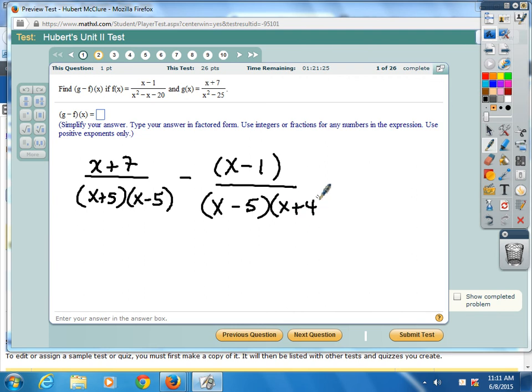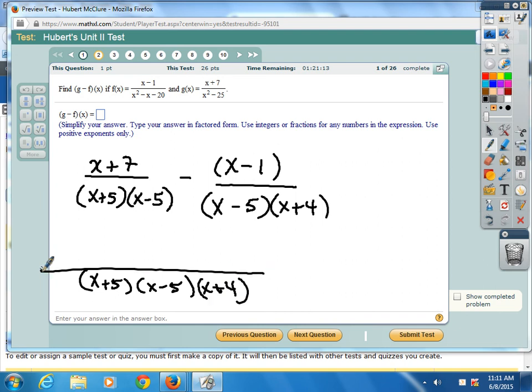So that means the common denominator is x plus 5, x minus 5, x plus 4, and I'm going to put it all over that. What's missing here? x plus 4, times x plus 7, and minus x minus 1. What's missing there? x plus 5. So it ain't that bad.